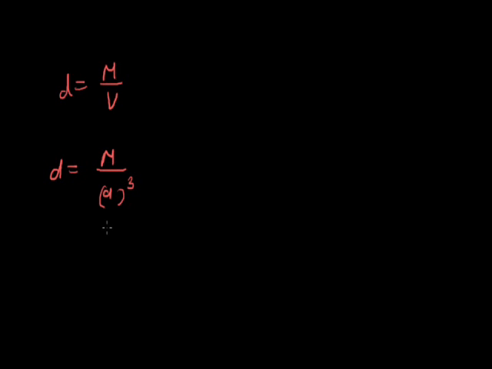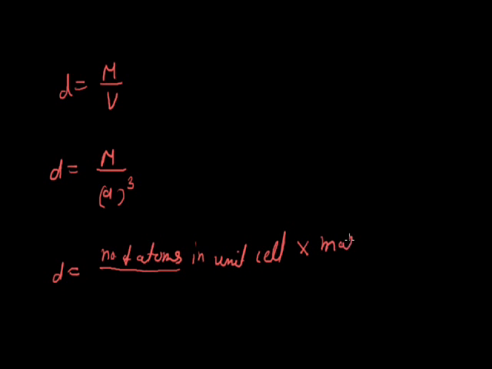Now what is the meaning of M? M is mass. Since the mass means the number of atoms in the unit cell times the mass of each particle, upon a cube.